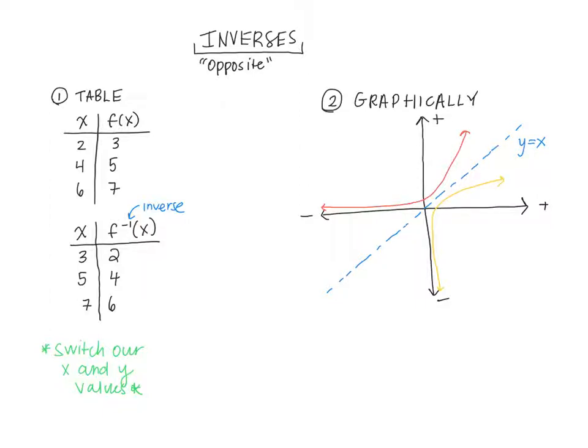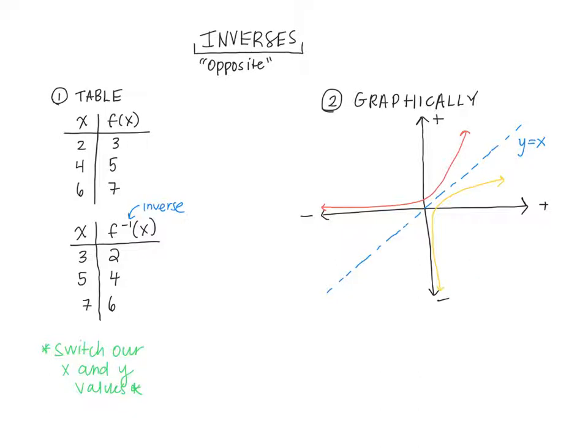So I can see that if I were to have both of these functions, my exponential and my logarithmic, on the same graph, and I folded that graph on my identity line's diagonal, then, not with my artistic skills, but if I did this on my calculator, this red graph and this yellow graph would reflect over my identity line.